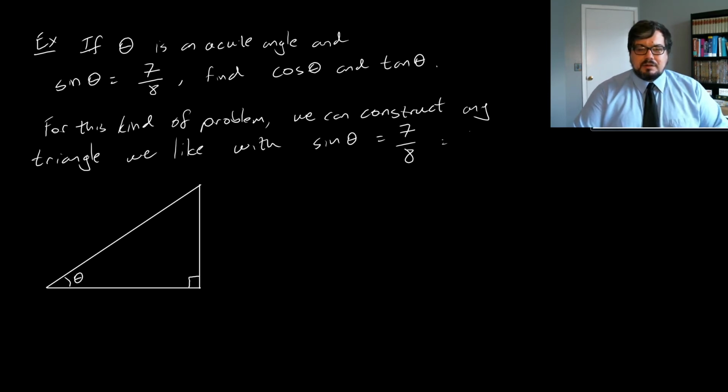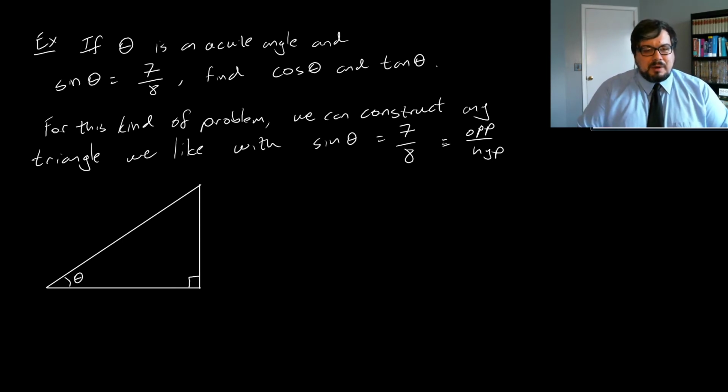So what we need is for the opposite divided by the hypotenuse to equal 7/8. Now there are actually lots of ways for us to do this. Let me write down a few possible ways that we could do this. We could make the opposite side have length 7/8 and the hypotenuse have length 1.